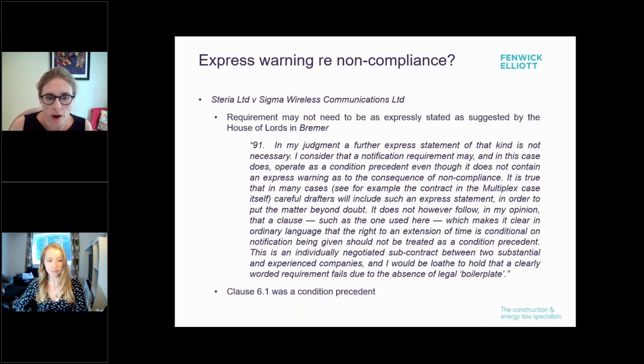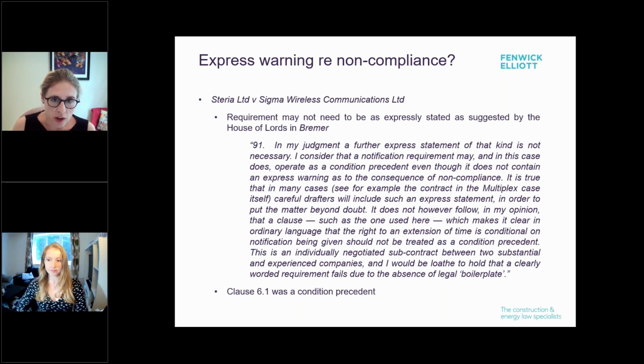Express warning for non-compliance. Again, in this case, there wasn't really something saying, and if you don't give that notice, then the consequences are. But the judge said that didn't matter. You didn't need to say that expressly because you could make it out from the circumstances. And again, just reading the judgment, you don't need legal boilerplate in his opinion.